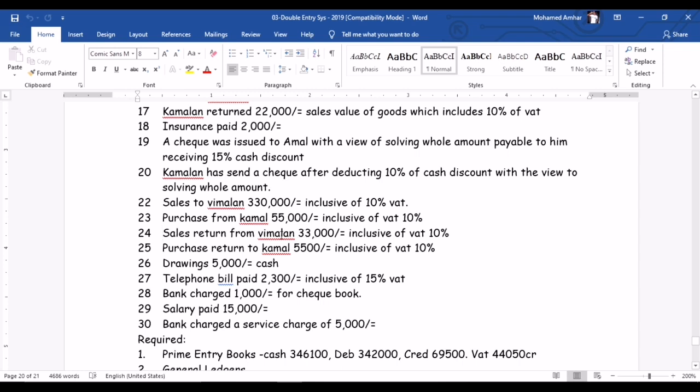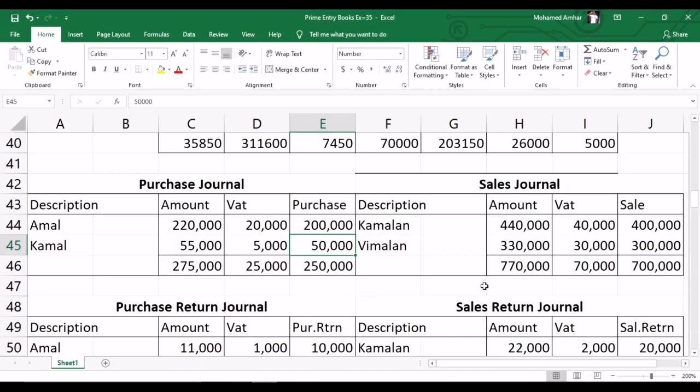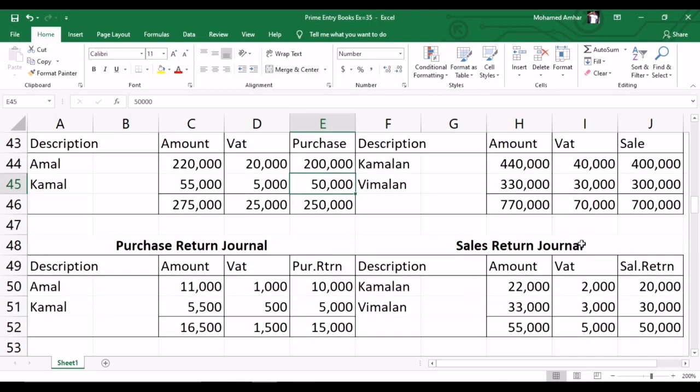So you have to write it under the sales return journal. Right, in your worksheet, under the sales return journal, Vimalan amount is 33,000, inclusive VAT is 3,000. So the sales return amount is 30,000.